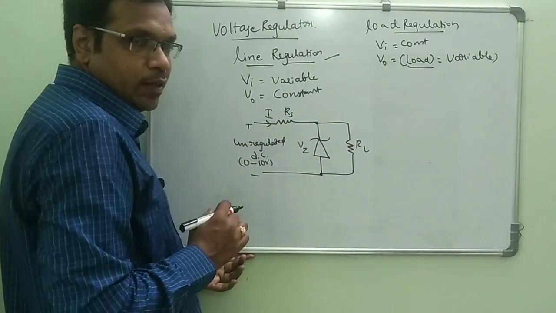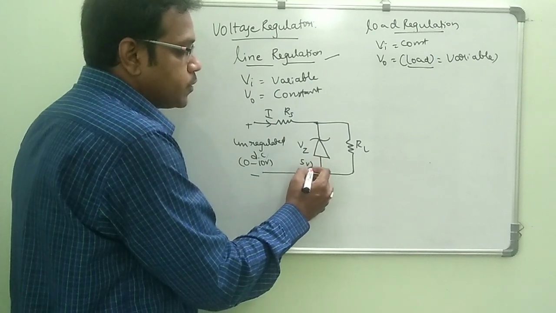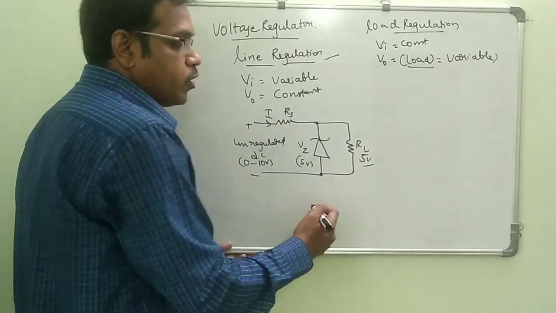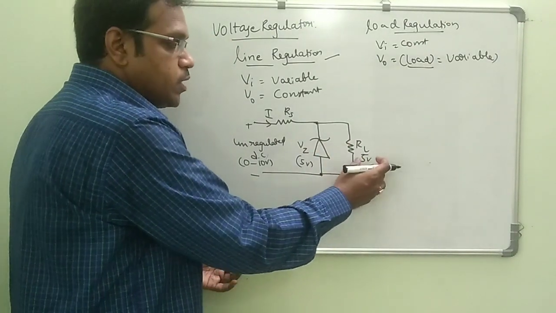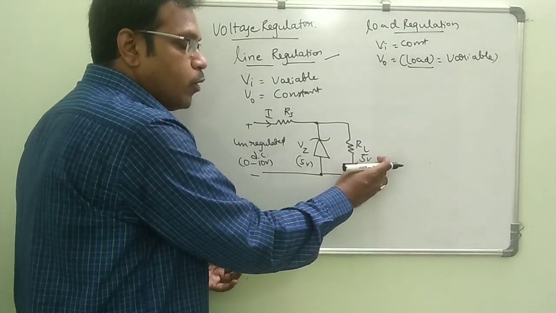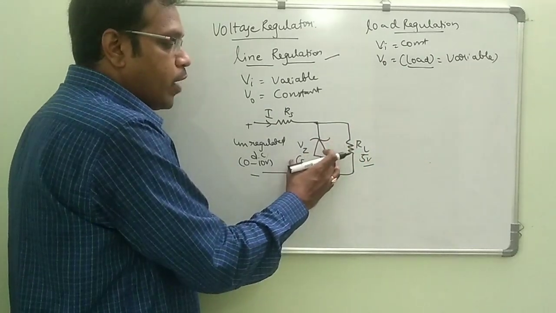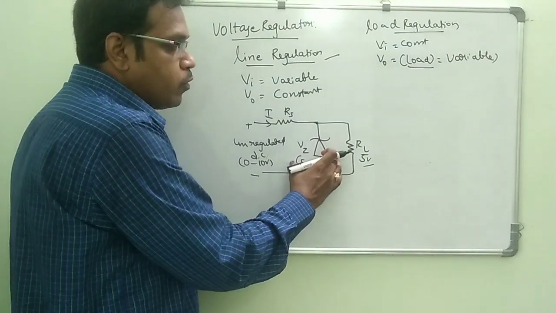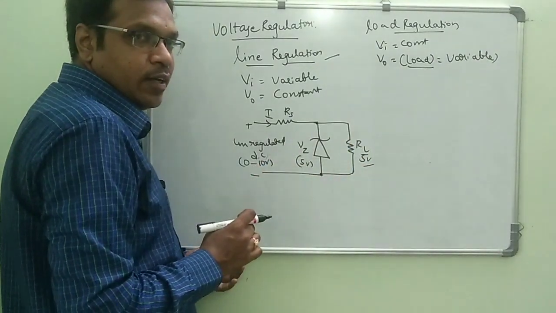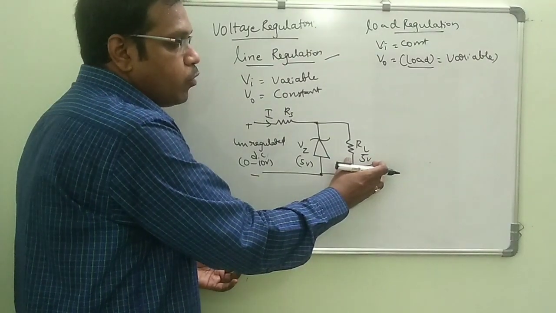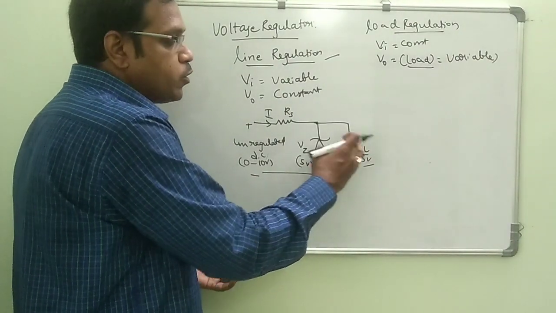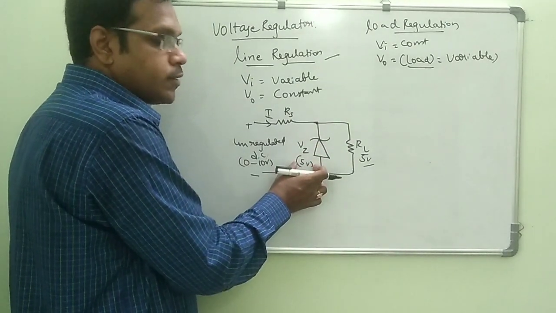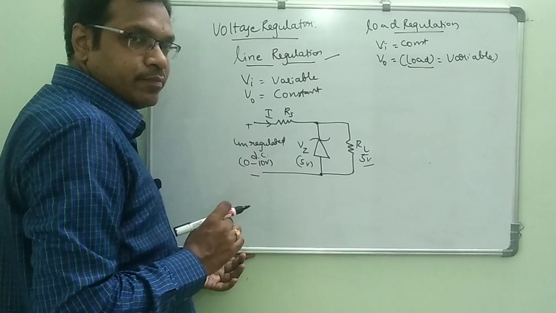Suppose I want to maintain 5 volts at the output, because both of them are in parallel. To maintain 5 volts output, I need to select a 5 volt breakdown Zener diode, so a voltage rating of 5 volts.